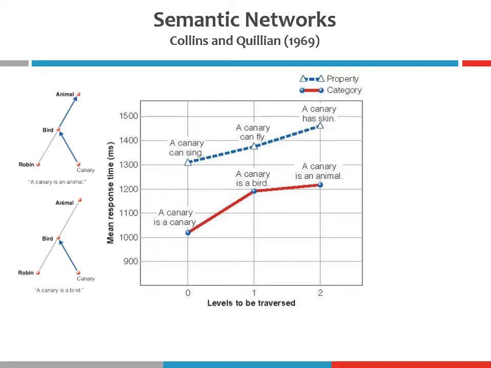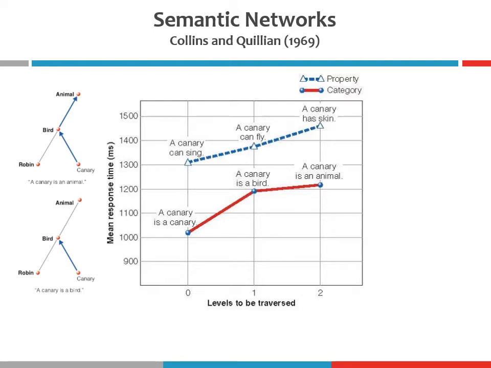So if mentally, when making that categorization judgment, people are traveling within the network, it should take more time to get all the way up to the animal node from canary than to the bird node from canary, right? So there are more levels to be mentally traversed for a canary is an animal than a canary is a bird.